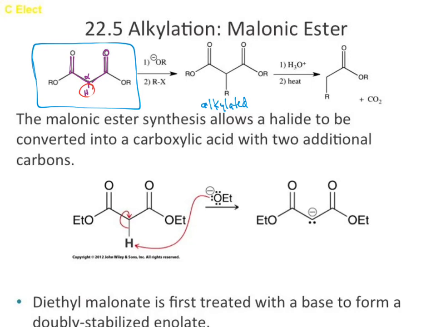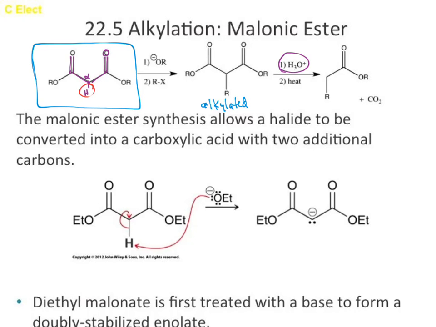Once we've generated our now alkylated product and we go through and add acid, what is the acid going to do? I know what it looks like it's doing there, but let's slow that down a little bit. Does it add an H to the other oxygen and make the double bond?